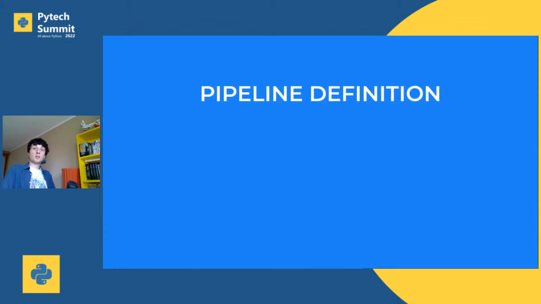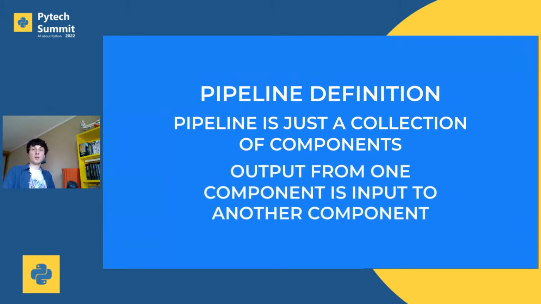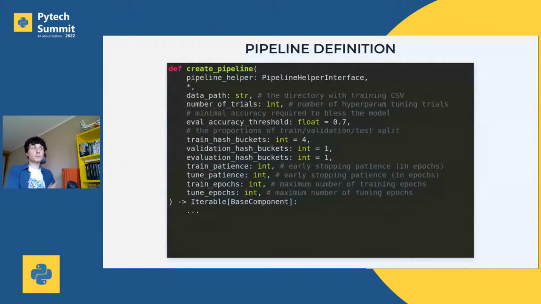So let's see how a pipeline definition could look like. What is the pipeline definition? Well, the pipeline just needs to create a collection of TFX components, and the output from one component becomes input to another component, and this is how we connect the components together to form the pipeline. So this is a sample pipeline definition. You usually write it as a function that returns an iterable of components.